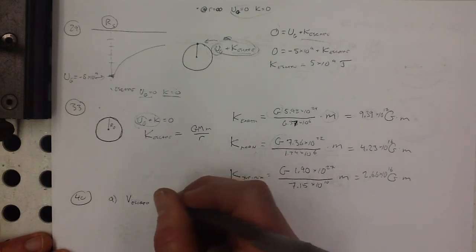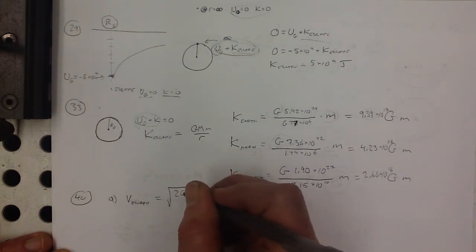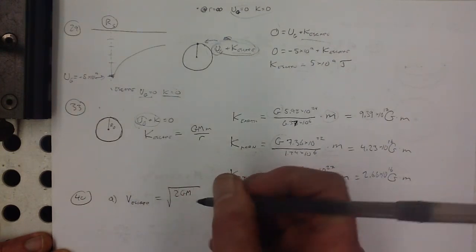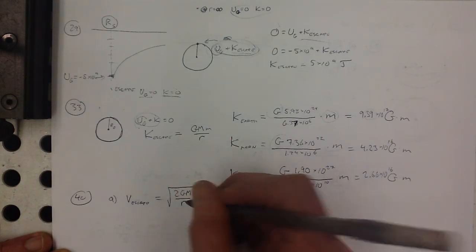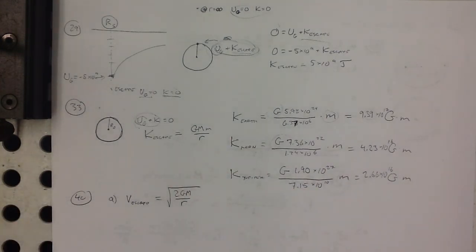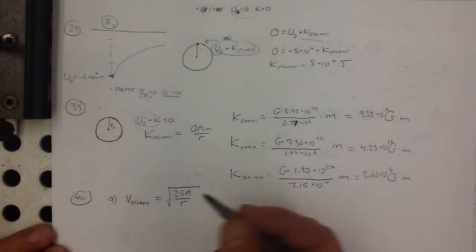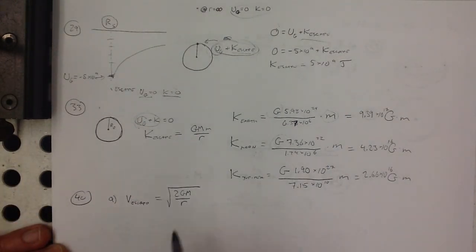But escape velocity looks like the square root of 2GM over r. That's escape speed. And they want to know if we start with half that, then what height is it going to make it to? So that's going to look like this.